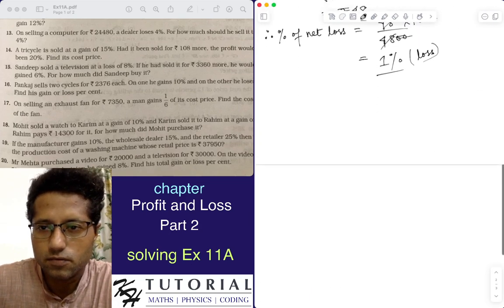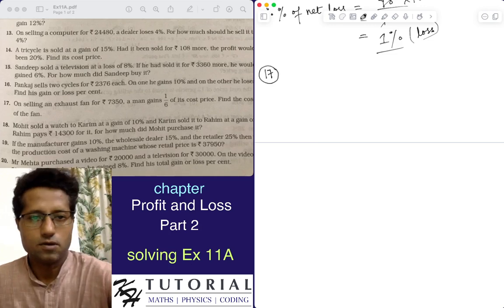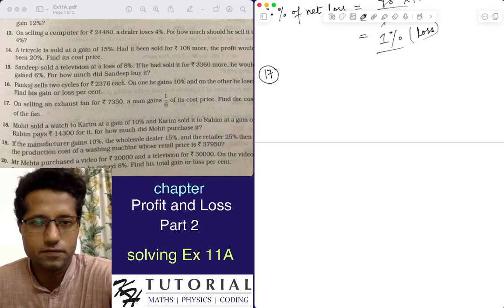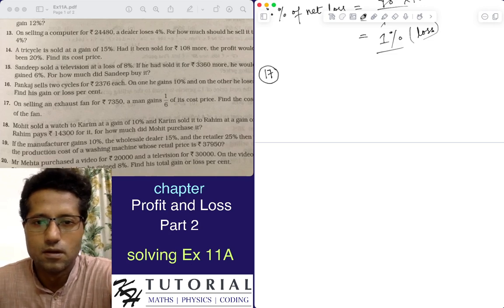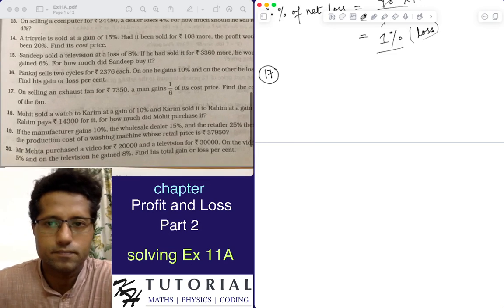Let's do question number 17. It says, on selling an exhaust fan for rupees 7350, a man gains 1/6 of its cost price. Find the cost price of the fan.